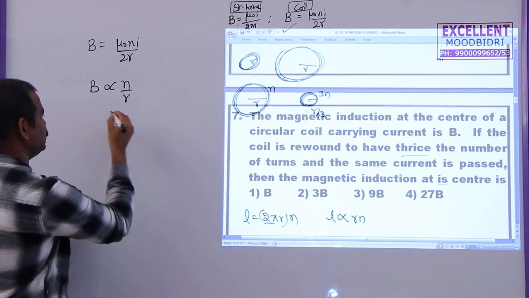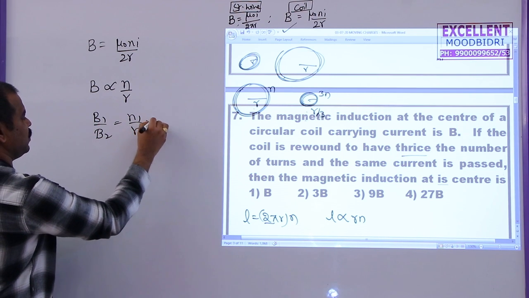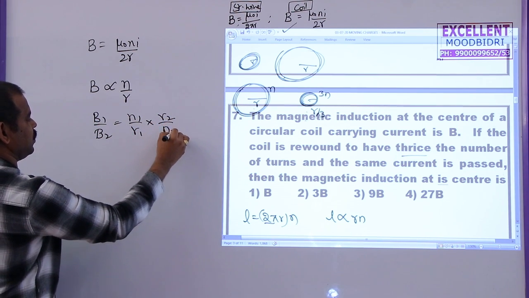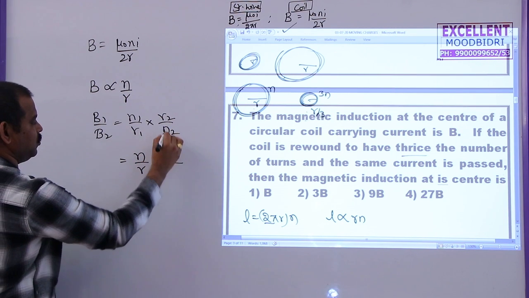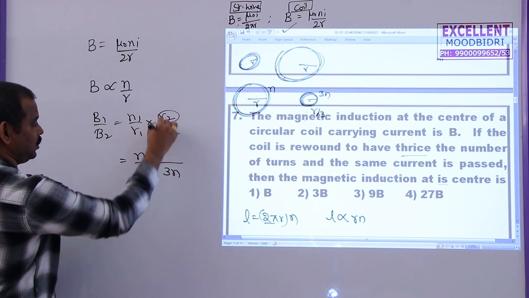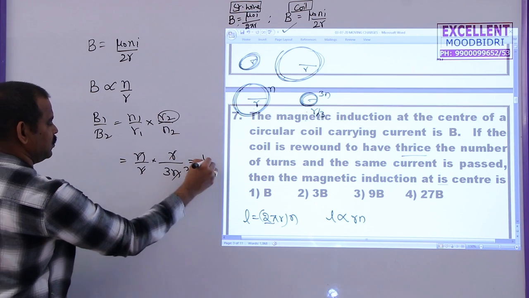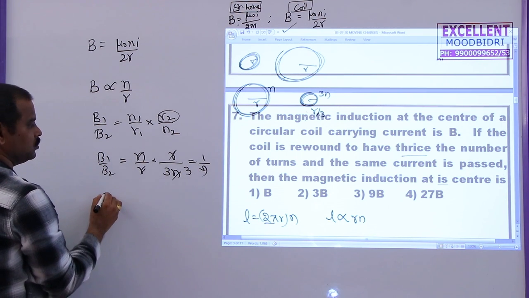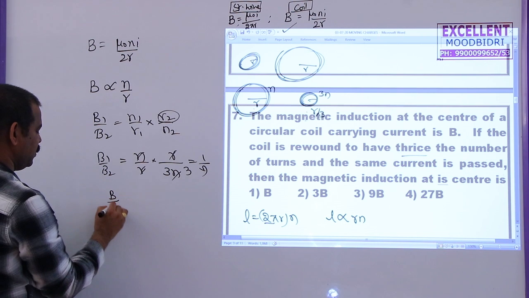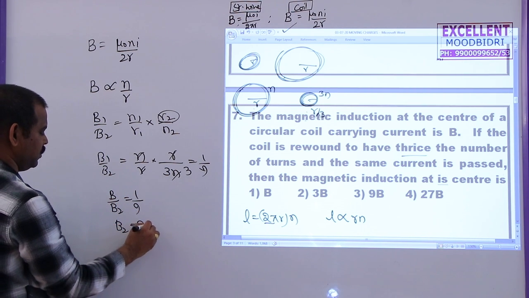So here in this case, B1 by B2 is equal to N1 by R1 divided by N2 by R2. So N1 is N, R1 is R. N2 is 3N, R2 will be R by 3. That we have to remember here. N and R get cancelled, giving 1 by 9. So B1 by B2 is equal to 1 by 9. So B1 is B, and B by B2 is 1 by 9. So B2 is equal to 9B.